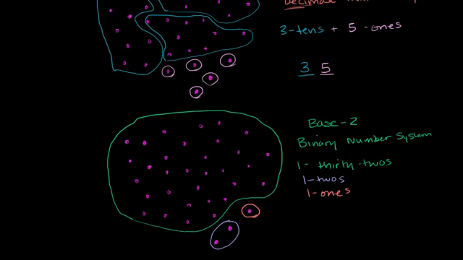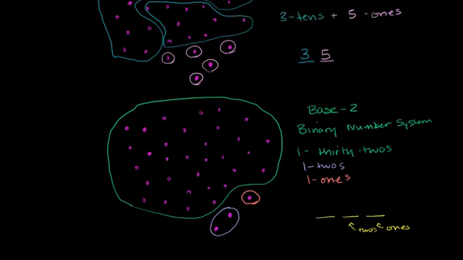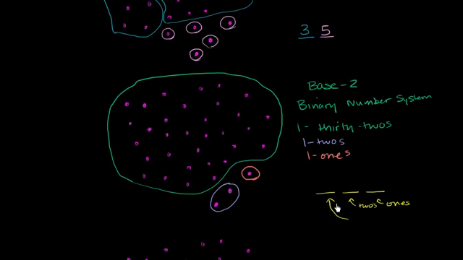And to do that, let's just think about our places. This is the 1's place. This is the 2's place. That is the 4's place. I'm running out of space here. This right here is the 8's place. Let me do this a little smaller so I don't bump into our diagram.